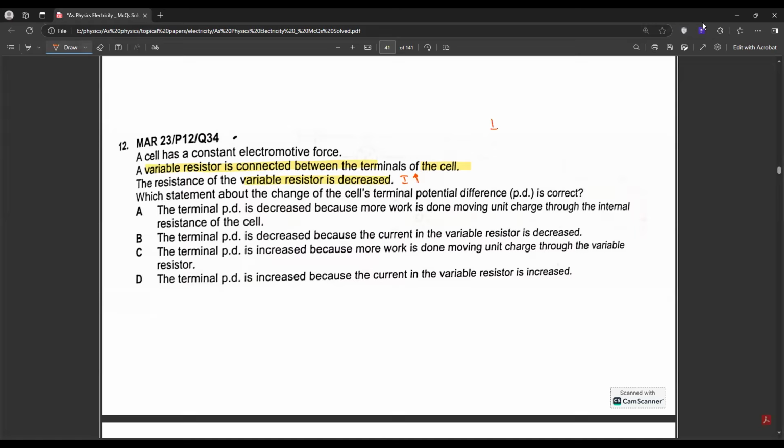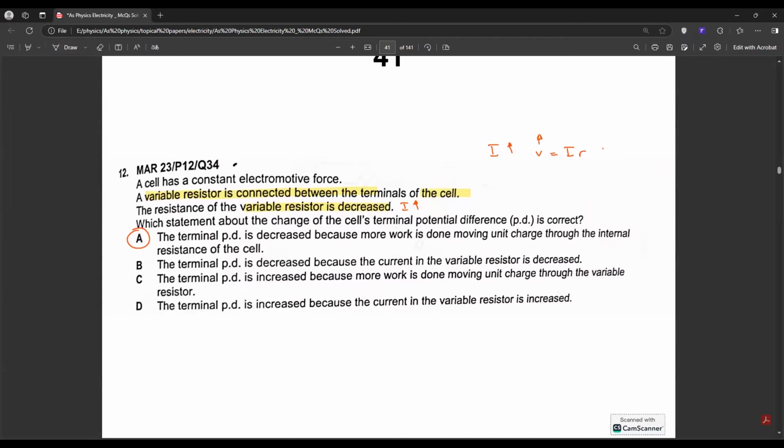As the current is increased, the lost volts or the voltage through the internal resistor will increase. Hence, terminal potential difference will decrease. Terminal potential difference is decreased because more work is done moving unit charge through the internal resistance. A seems to be a very good option. 41, let me check the answer. 41's answer is A. We are going correct.